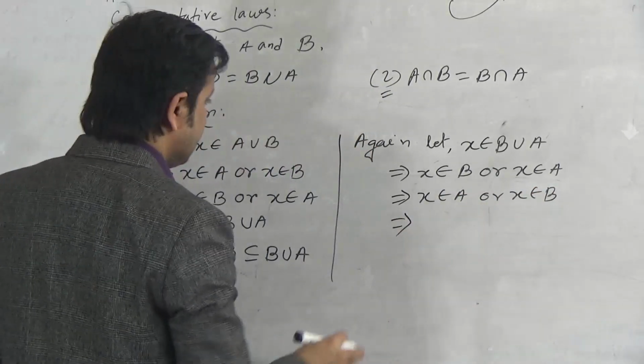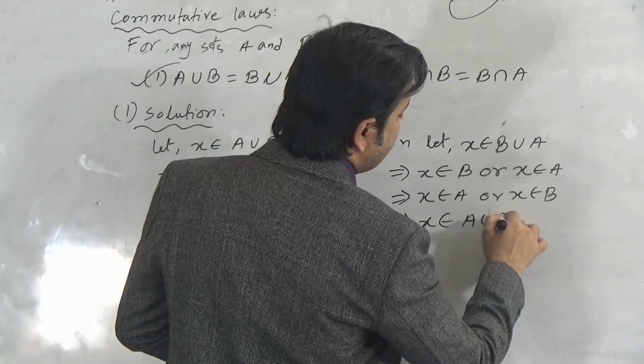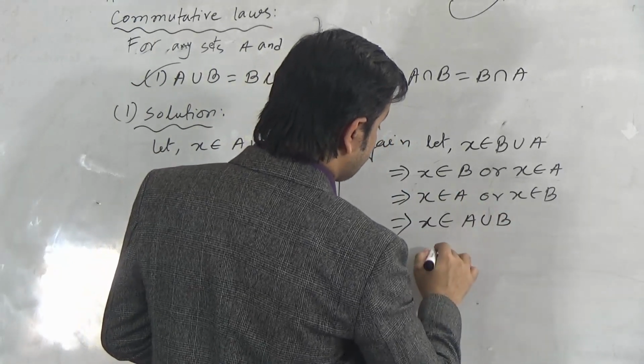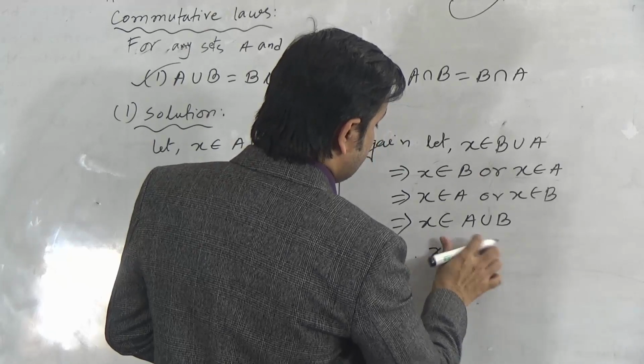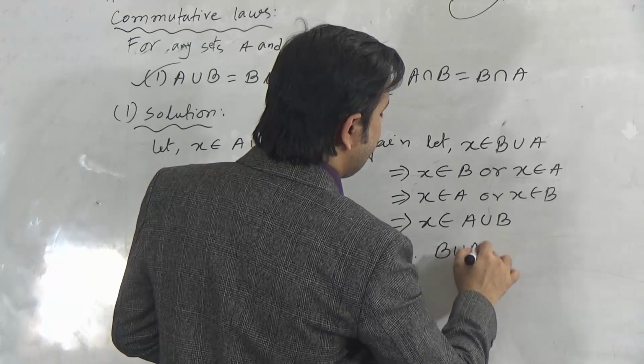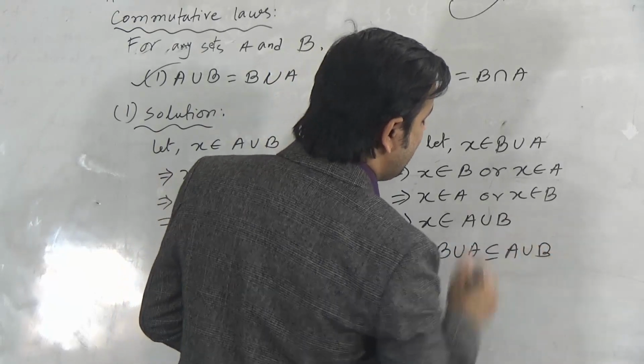So we can write here X is contained in A union B. Therefore, we can write here B union A is a subset of A union B. What does it mean?